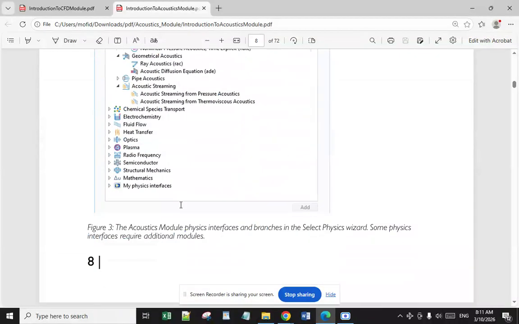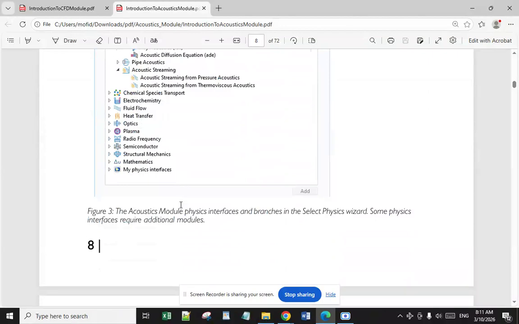And you see in the third figure the Acoustics Module physics interfaces and branches in the Select Physics wizard. Some physics interfaces require additional modules.